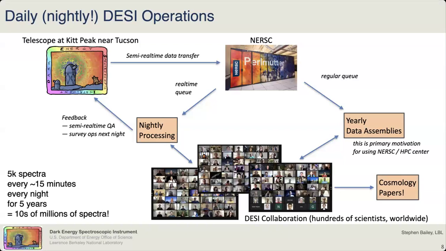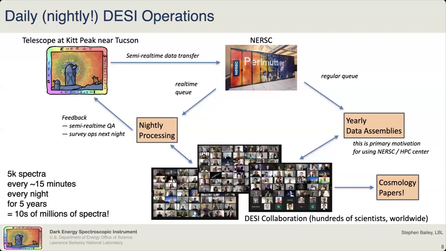And then we also have a more complete version that takes all night to process the data, but we wake up in the morning and the full version of the pipeline has also run. And then we use that to update the survey plan based on what we observed last night, what we still need to observe. That data was bad, we need more signal to noise, go back and observe that, or we're done with that, move on. And so there's this feedback loop to the telescope going on a daily basis.